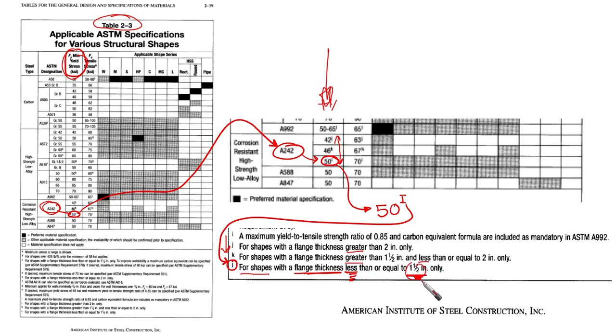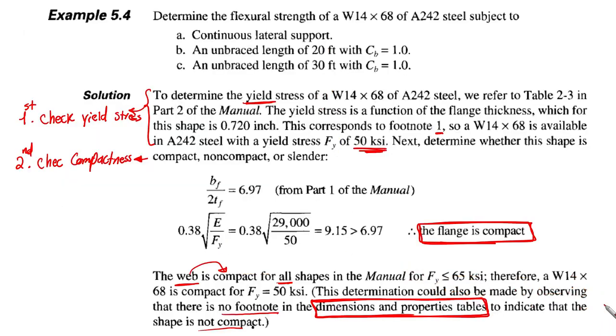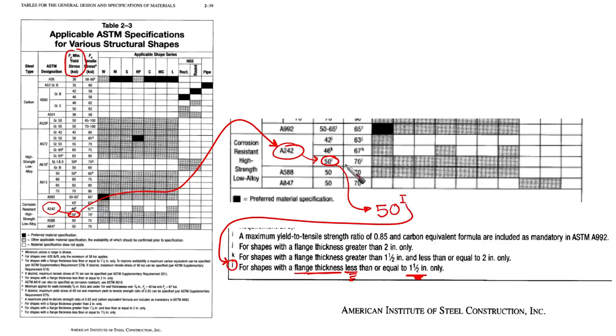Our case has a 0.72 flange thickness. This means that Fy for our case is going to be 50 ksi. This corresponds to footnote i. Maybe it's not very clear, but you can find it in the table.